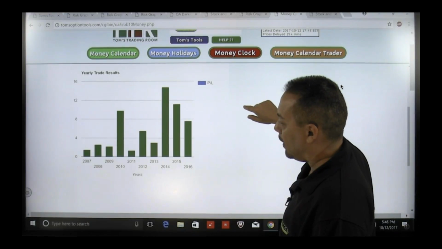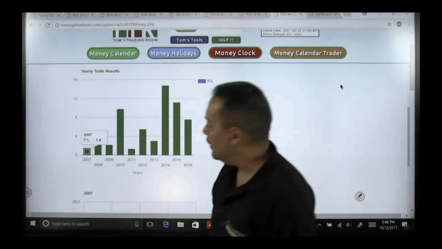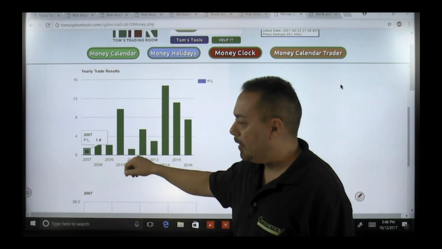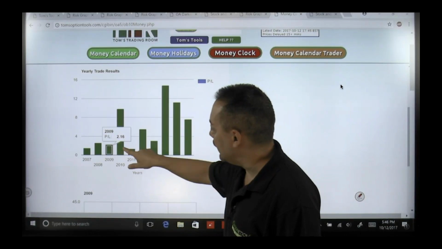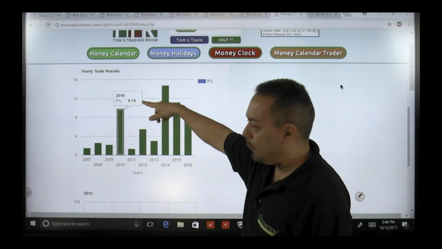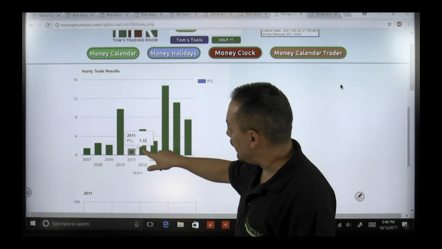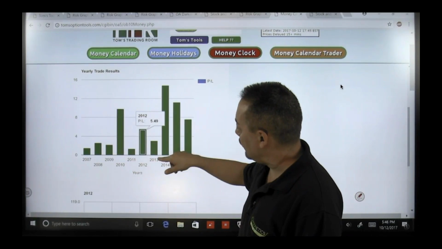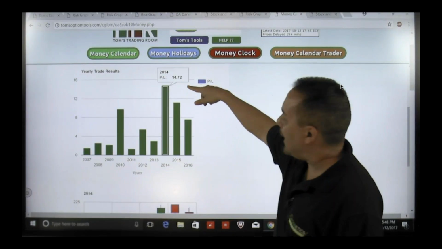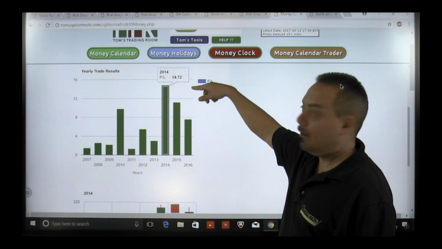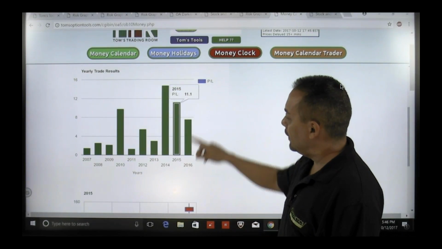Now, take a look here. This is the next thing I focus on, what the yearly trade results are. In 2007, the trade made $1.40 during that time frame. 2008, $2.51. 2009, $2.16. Look at 2010. $9.74 is where that pattern went from beginning to end. Then it popped back a little in 2011. 2012, we had $5.49. 2013, $3. 2014 had its biggest gains at $14.72. 2015, $11.01.